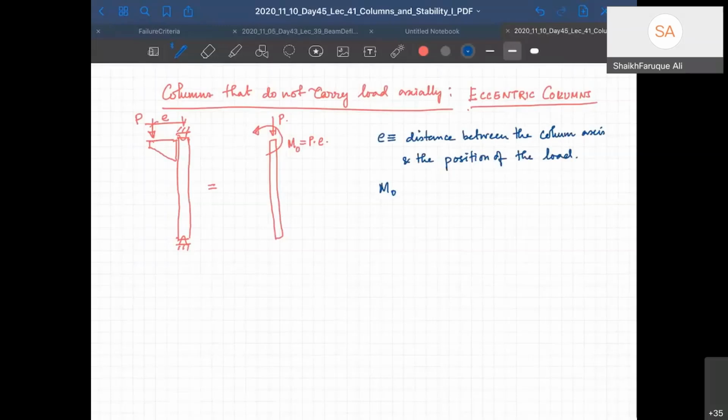M0 is equal to P into E, is the moment that the column needs to resist due to eccentric load.